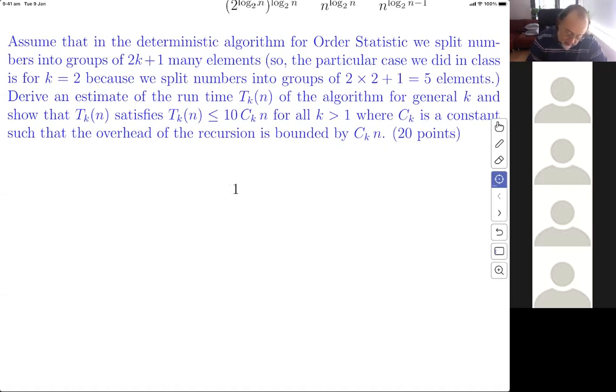So in particular, what we did in class is for k equals 2, because that produces 2 times 2 plus 1, groups of 5 many elements, right? And we also saw for k equals 3, when this gives 7 elements and so forth.